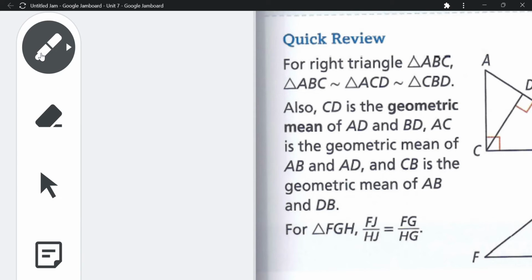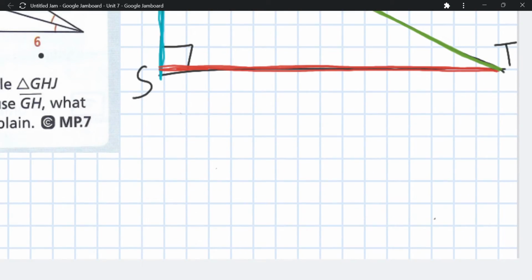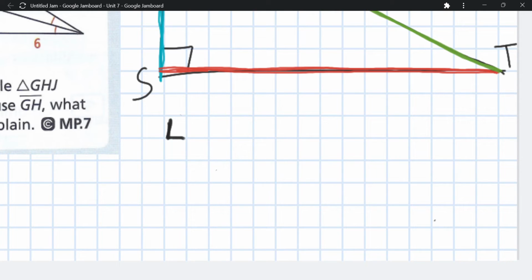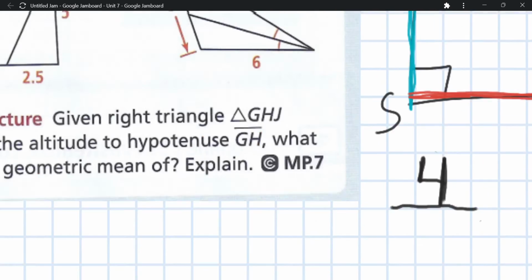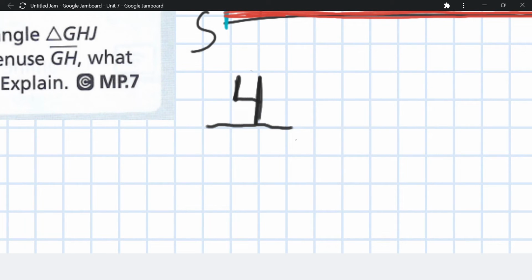Comparing the short side 4 to the side I don't know, but I'm looking for, which is RS, the hypotenuse. So I'm going to call it RS.